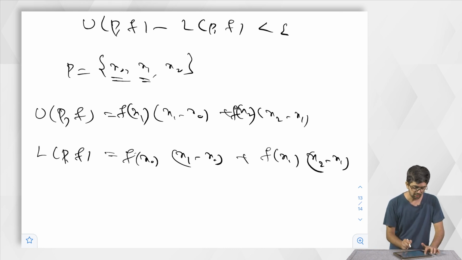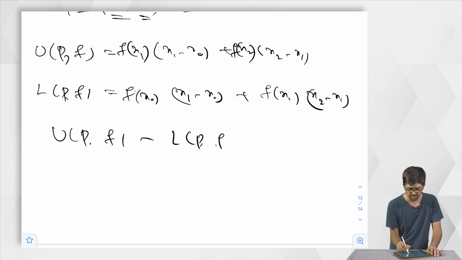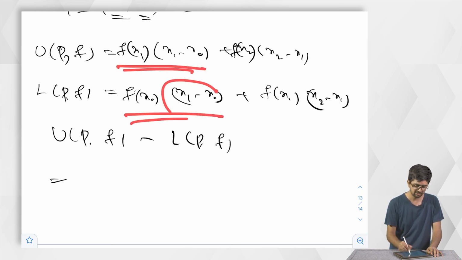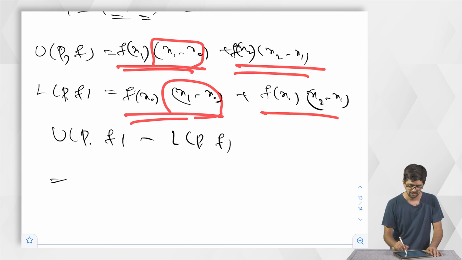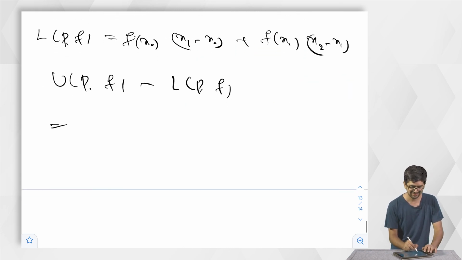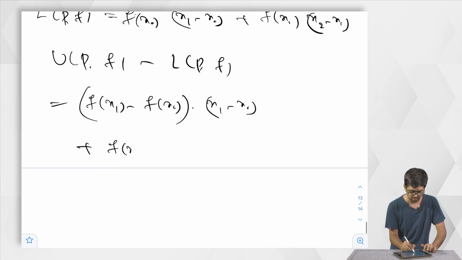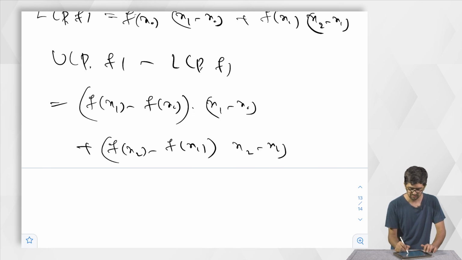Okay. Now what is U(P, f) minus L(P, f)? Observe that these two have this as a common part and these two have this as a common part. So let us take that common. That is equal to f(x1) minus f(x0) times x1 minus x0, plus f(x2) minus f(x1) times x2 minus x1.